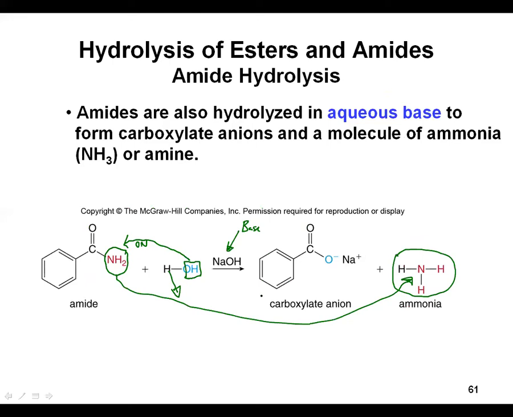And what we will actually get in this case is not a carboxylic acid, but what is known as a carboxylate ion, which is basically your carboxylic acid without the H. And without that H, it becomes negatively charged. And this is why it's really kind of like a salt here. We have the sodium that's from the sodium hydroxide.